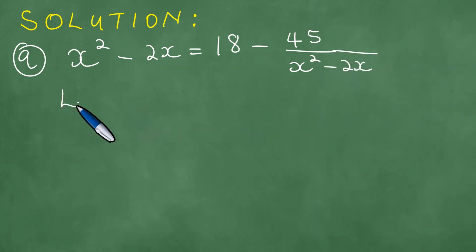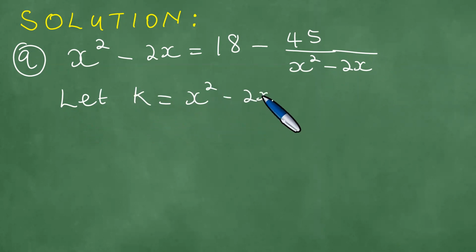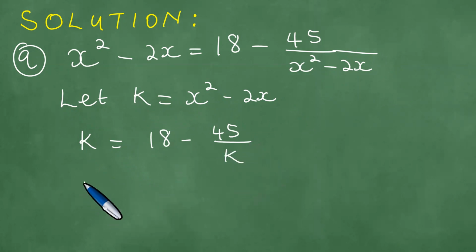Right, and we let k be exactly x squared minus twice x, so that what we then have is that k is exactly 18 minus 45 over k.